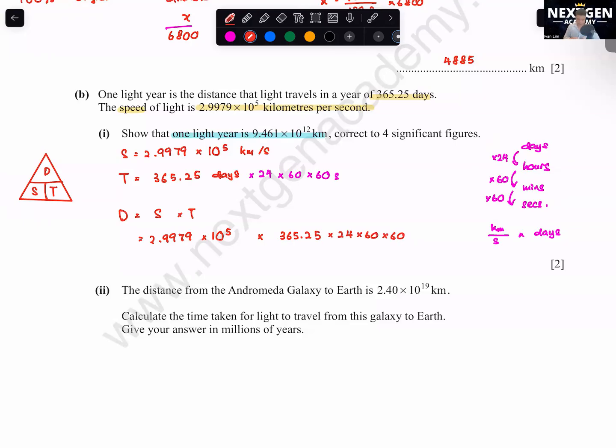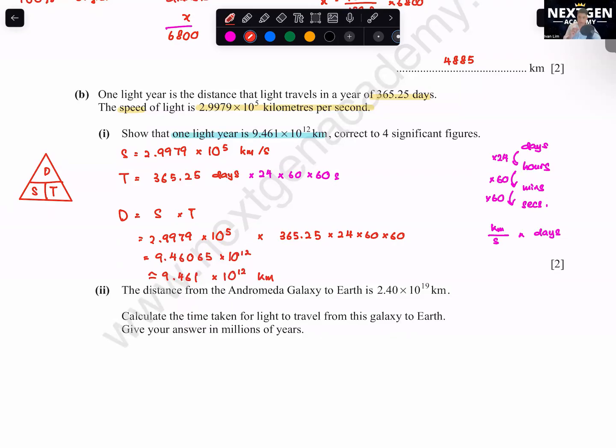Type in the calculator, you see what you get. 2.9979 times 10 to the power 5 times 365.25 times 24 times 60 times 60. Your calculator should give you 9.46065 times 10 to the power 12. You correct to 4 significant figures, 9.461 times 10 to the power 12 km.